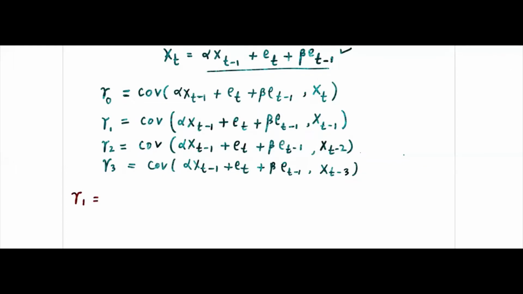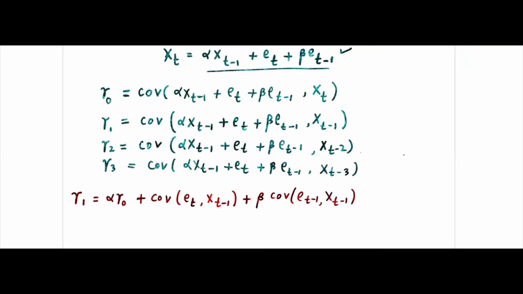We have the terms covariance of alpha xt minus 1 with xt minus 1. So alpha xt minus 1 with xt minus 1, that will be gamma naught, the same, right? The second one, covariance of et with xt minus 1, plus the third term, beta covariance of et minus 1 with xt minus 1.